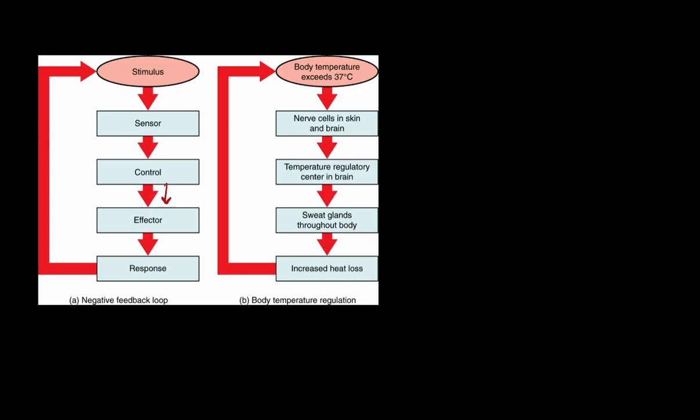So meaning if our initial stimulus in this case was an increased body temperature, whatever our effector is going to do is going to be something that is going to decrease body temperature, or it's going to initiate some response by the effector to bring about the opposite. So in this case, a decreased body temperature.